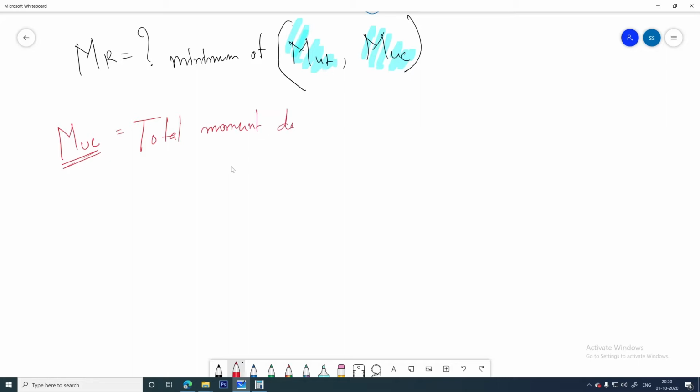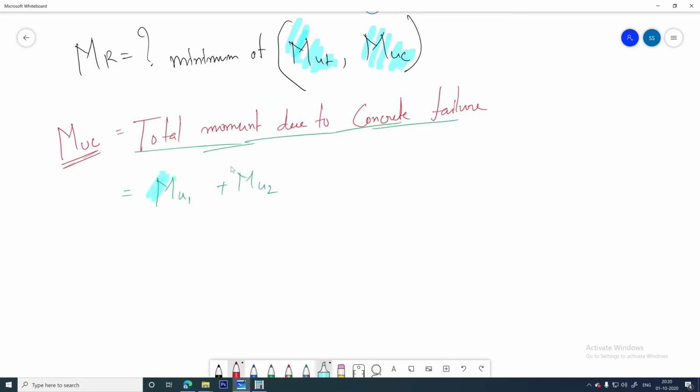due to concrete failure. And what will be the value? It should be equal to Mu1 plus Mu2.